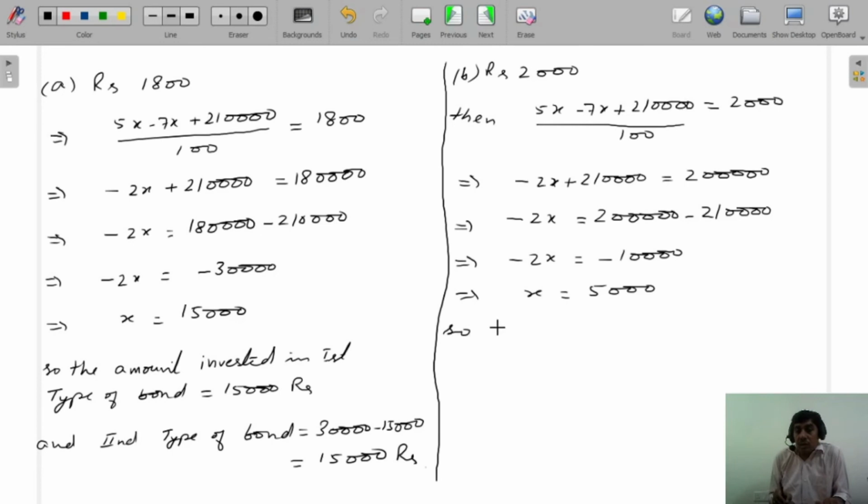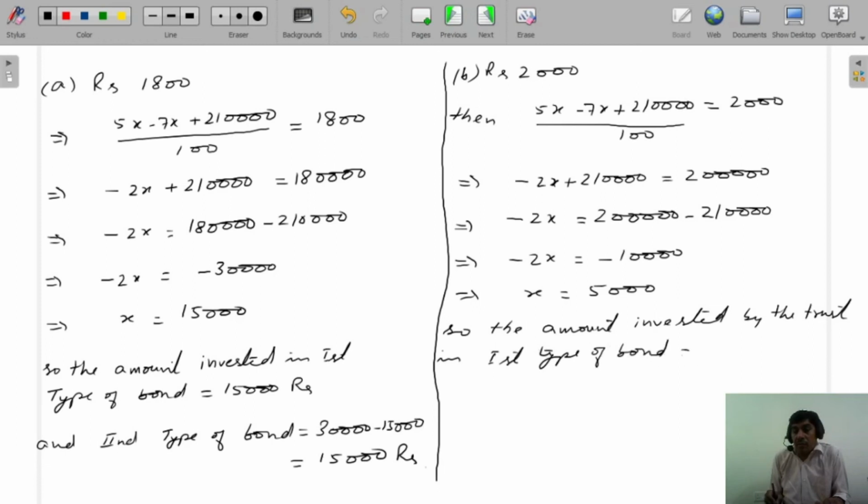So the amount invested by the trust in the first type of bond is equal to rupees 5,000, and in the second type of bond is equal to 30,000 minus 5,000, which is equal to rupees 25,000.